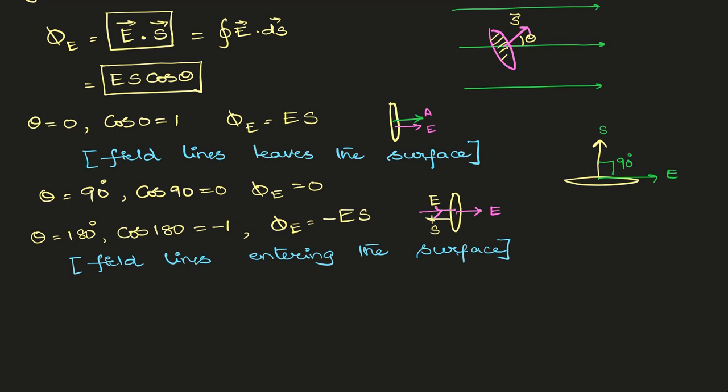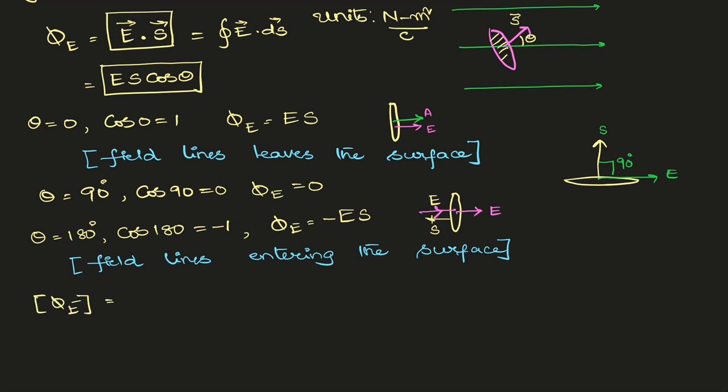As we have electric field units as Newton per Coulomb, the units for electric flux will be Newton meter square per Coulomb, and we can write the dimensional formula for electric flux like this.